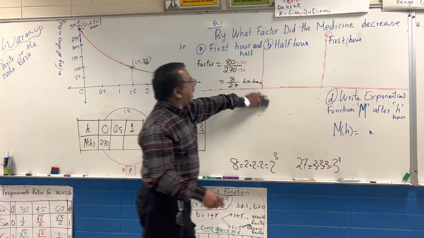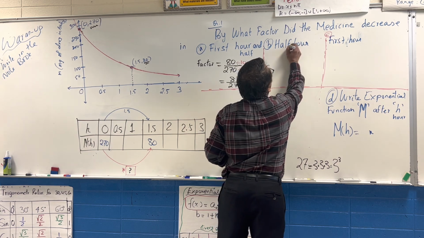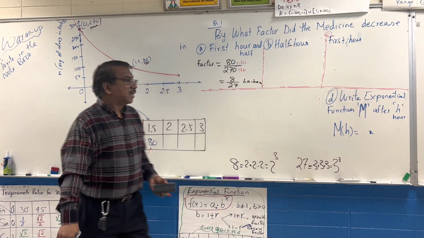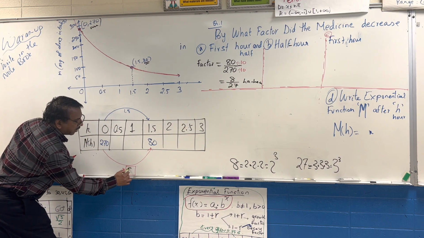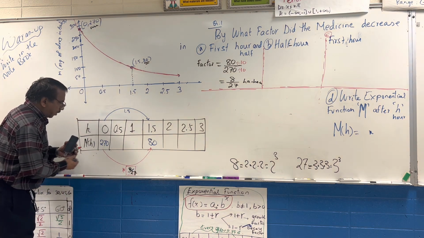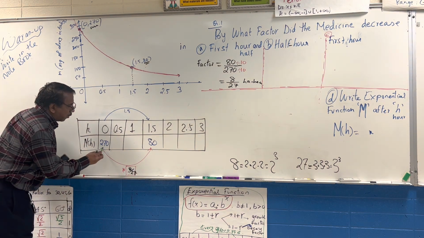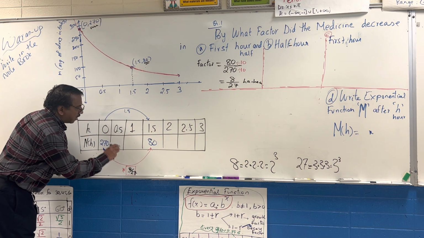Next question, second question. Half hour. So that means this is 8 by 27. Can I write down 8 by 27? Now we want to know what multiplies, so what factor should we think of here?